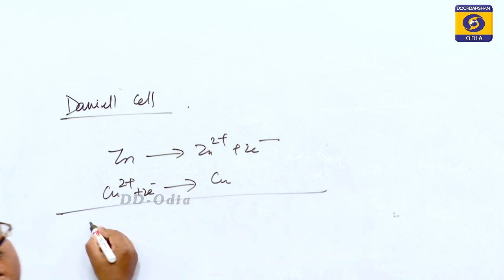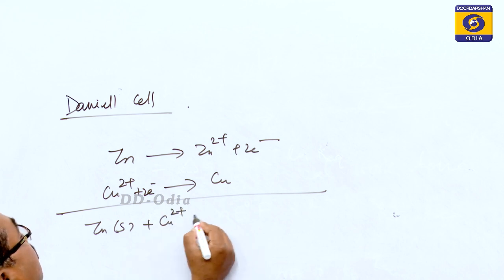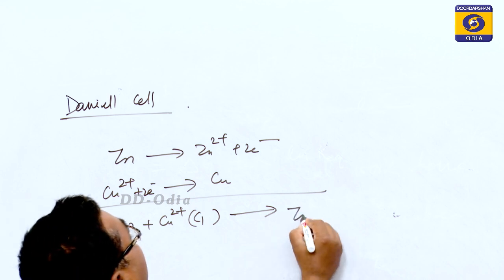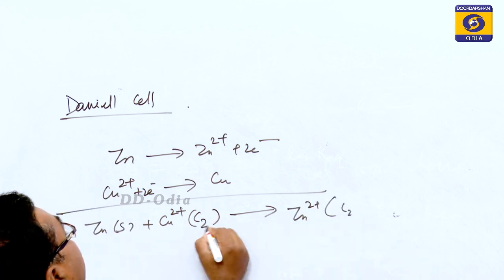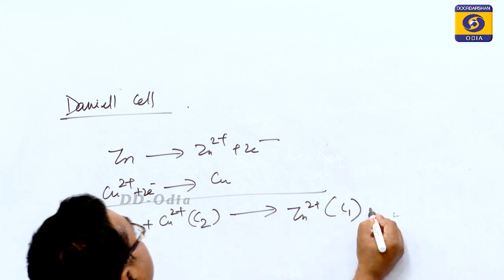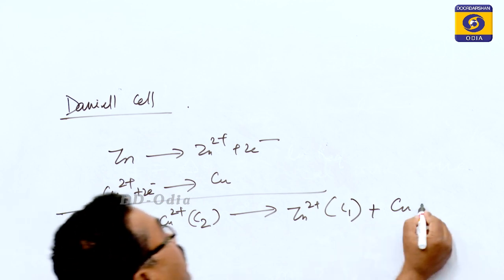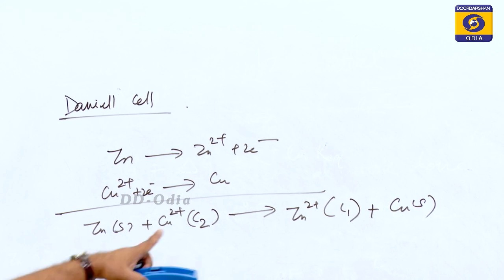If we add them, the overall equation will be zinc solid plus copper 2 plus, of any concentration, let it be C1, giving zinc 2 plus, let its concentration be C2, plus copper solid. Now, I can apply this equation to get the EMF at different concentrations.